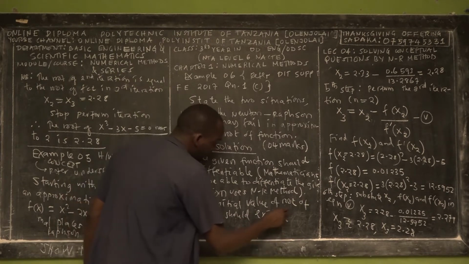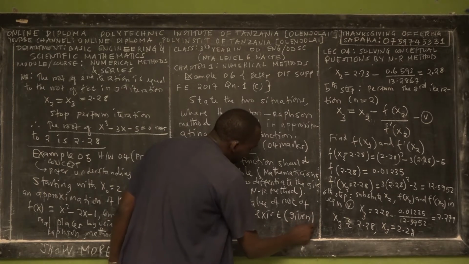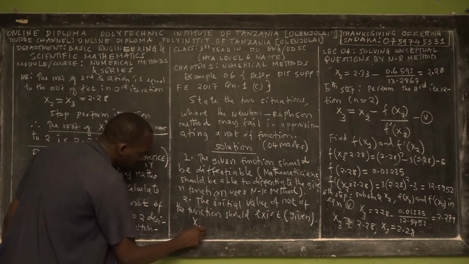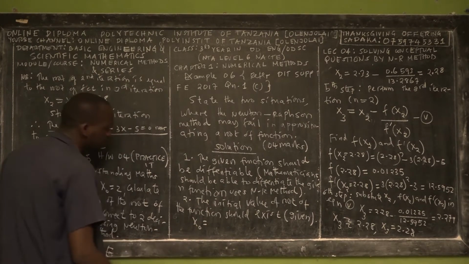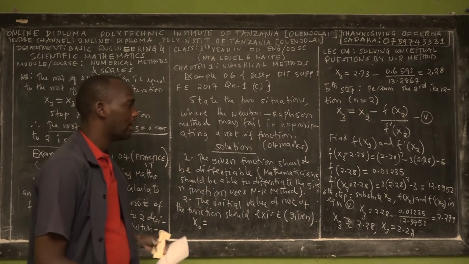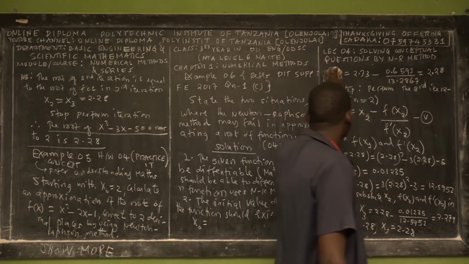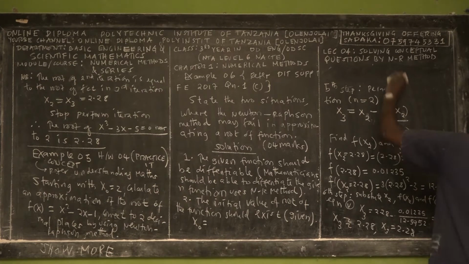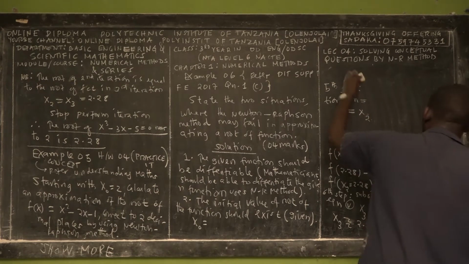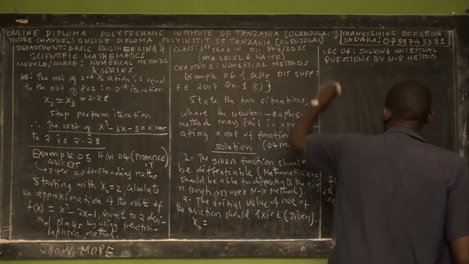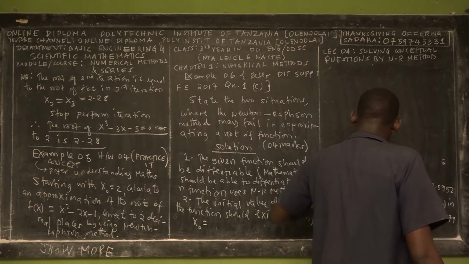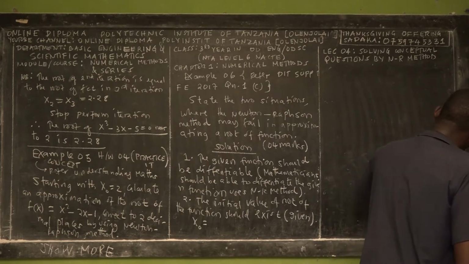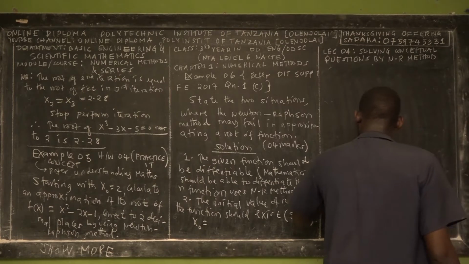In most cases for ordinary diploma it is given, except in a few cases where it is not given. The initial value means the x naught, which we call the closest, or one of the closest values to the actual root of the function. That should be given in most cases to simplify your life, as you have seen in examples 1, 2, 3, 4, and even example 5, where the initial value is given.